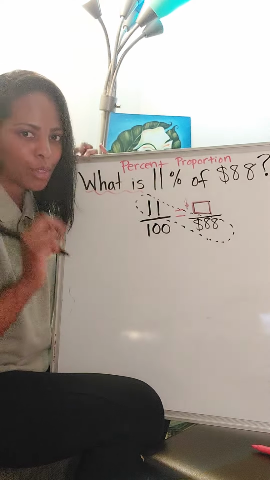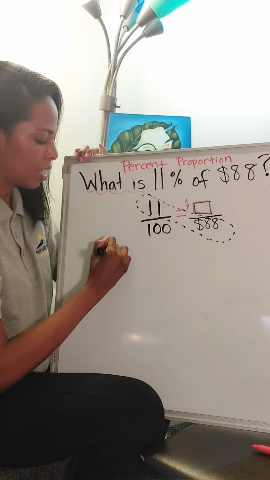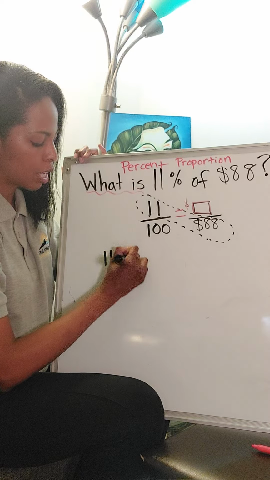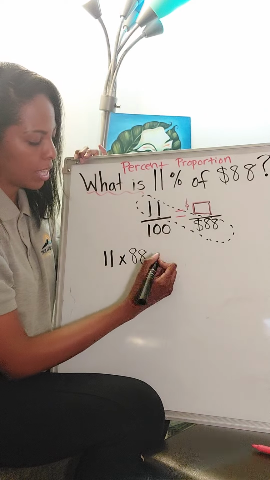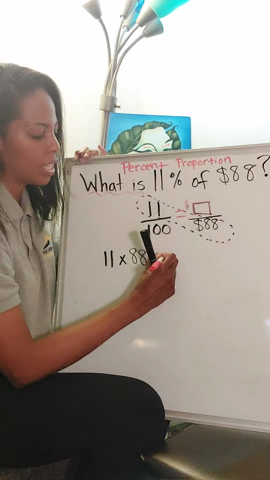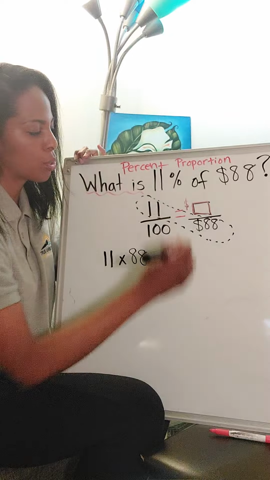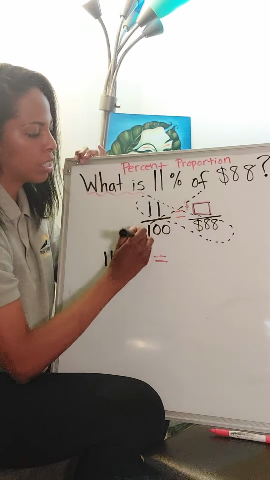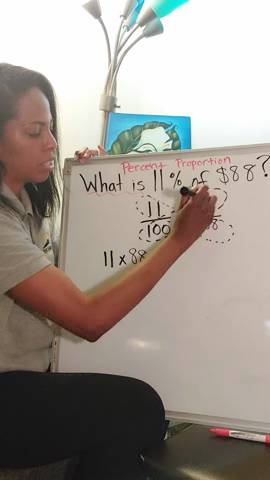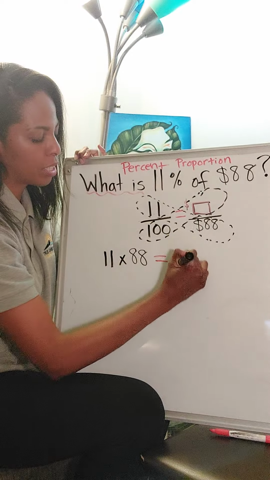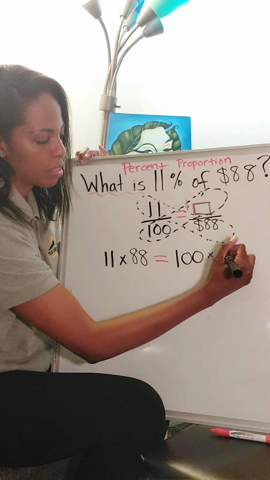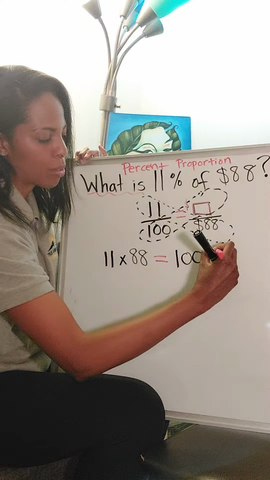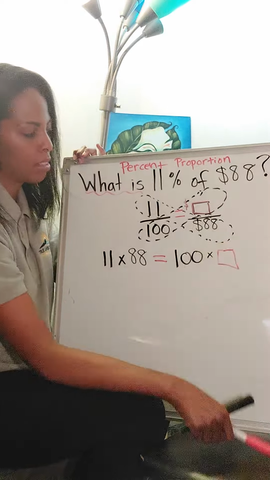I call this a trick. 11 times that 88, and then she was making that equal to 100 times that mystery amount.